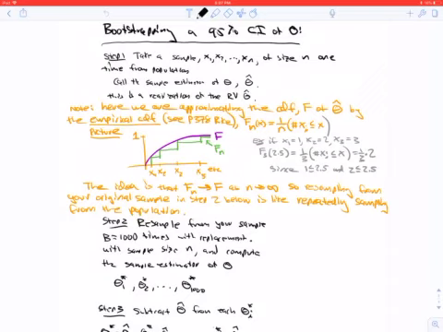Step 1 is we take a sample of size n, x1 to xn, and we're going to use this sample to resample from in further steps.